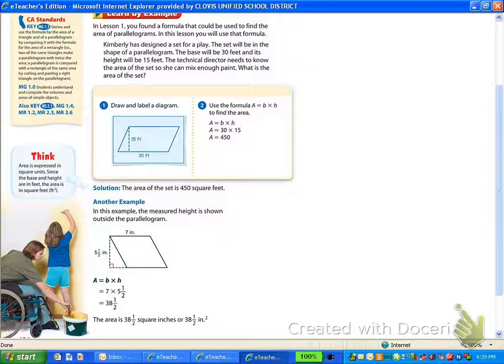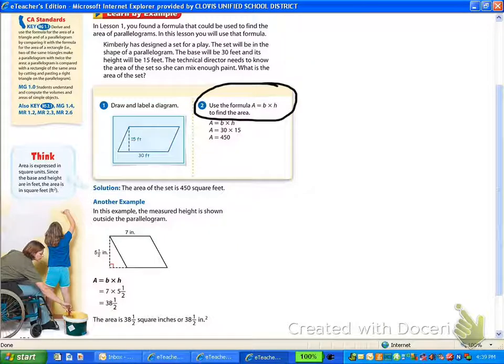If you can see the diagram, we have a parallelogram with a base of 30. The base is 30 and the height is 15. So over here the formula is area equals base times height.